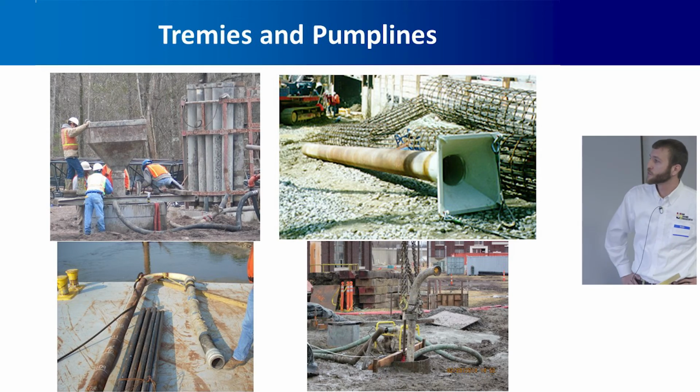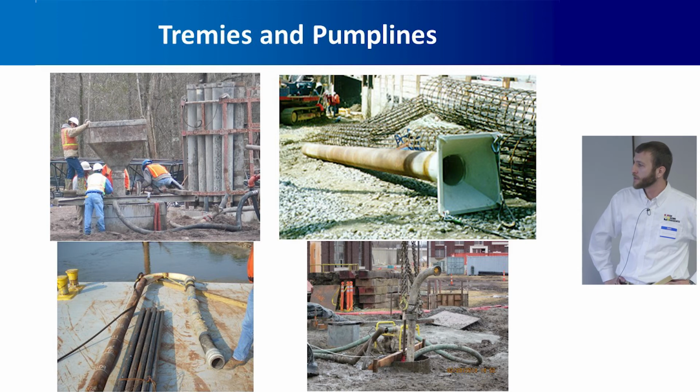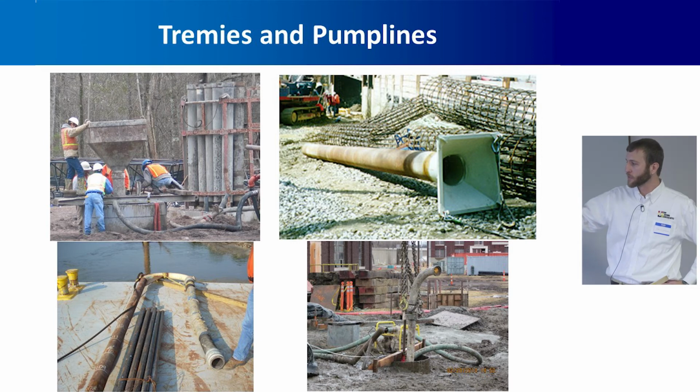Just looking at some pictures of trimmies and pump lines. So generally the trimmie is either supplied with a hopper with something discharging into the hopper, or for smaller trimmies, often you just connect the trimmie straight to a pump line, which is kind of what you see in the bottom pictures here.